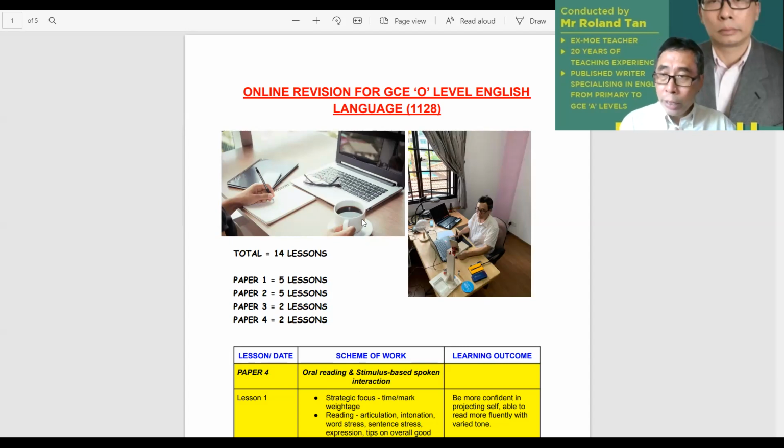So we are here to talk about the online revision for GCE O-Level English Language Syllabus 1128. In the picture here on the right, you can see myself at work.